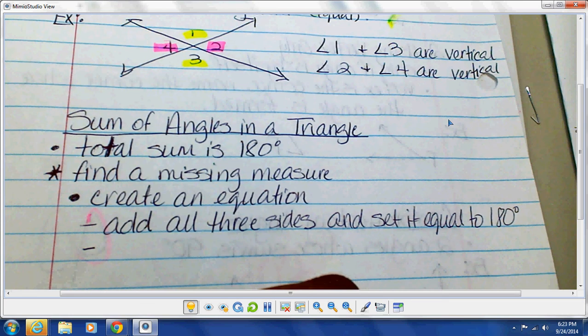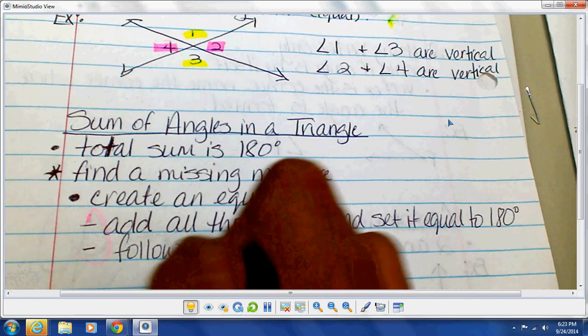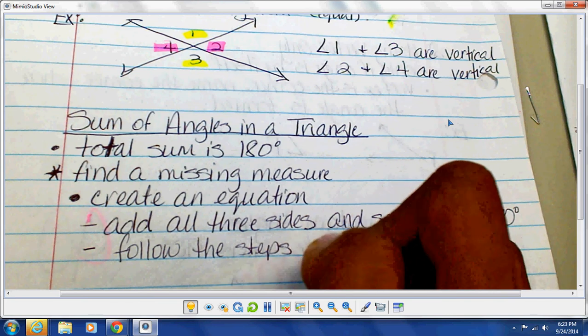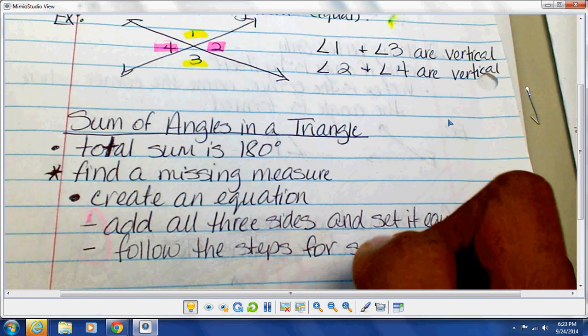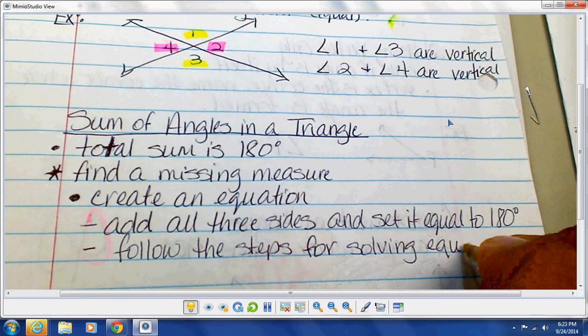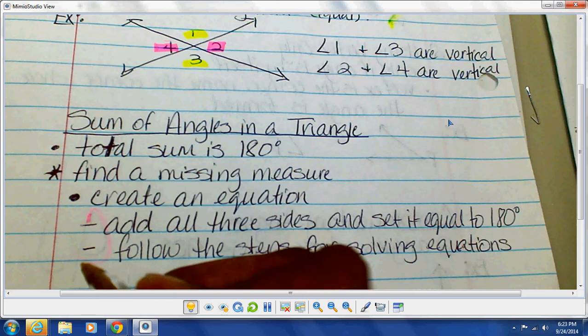So therefore, you just follow your steps for solving equations. So that means isolate the variable, use inverse operations, PEMDAS backwards.